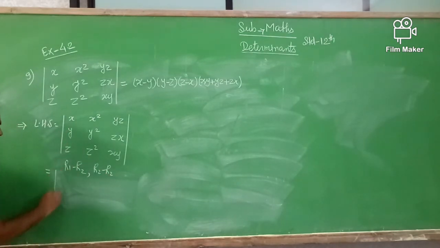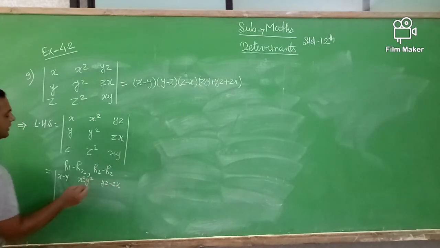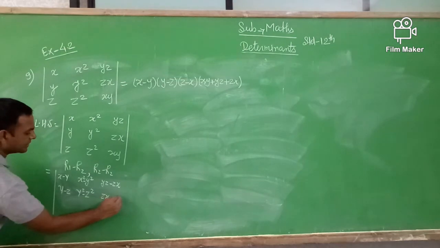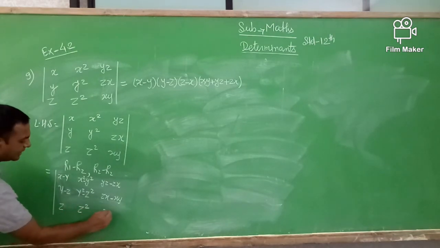So you see here x minus y, x square minus y square, and this is yz minus zx. Next, this is y minus z, y square minus z square, and zx minus xy because it is r2 minus r3, and the third row is the same, this is z square and xy.